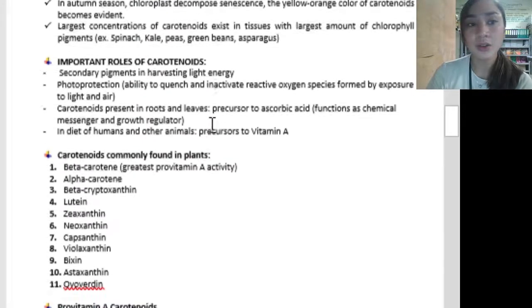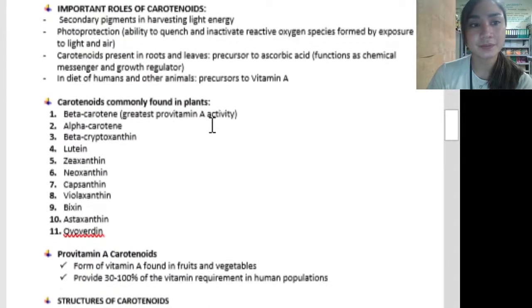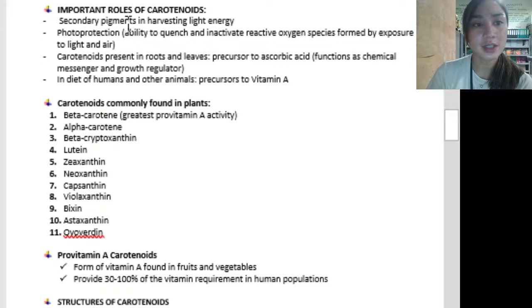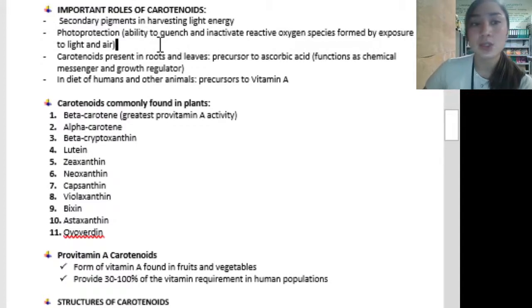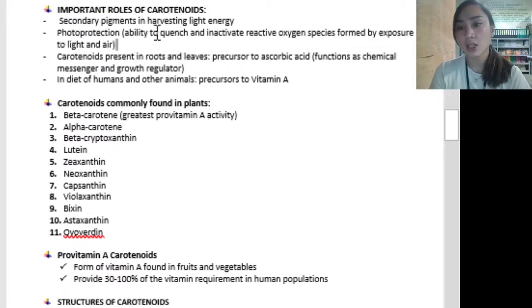Okay, what is the role of our carotenoids? First, carotenoids are secondary pigments harvesting light energy. The primary pigment which harvests the light energy is chlorophyll, which was discussed last module. It also has photoprotection, which means the ability to quench and inactivate reactive oxygen species.